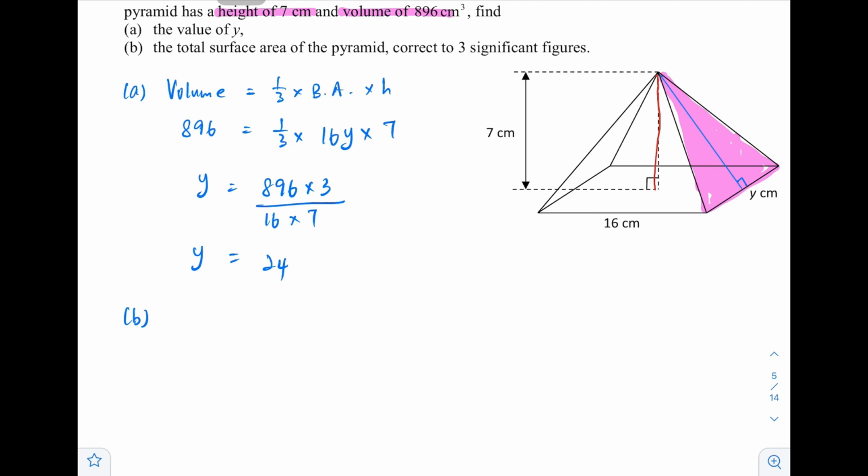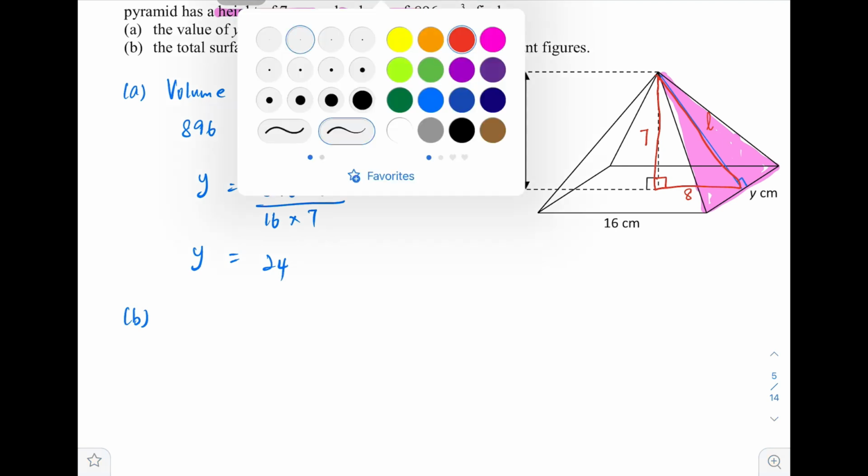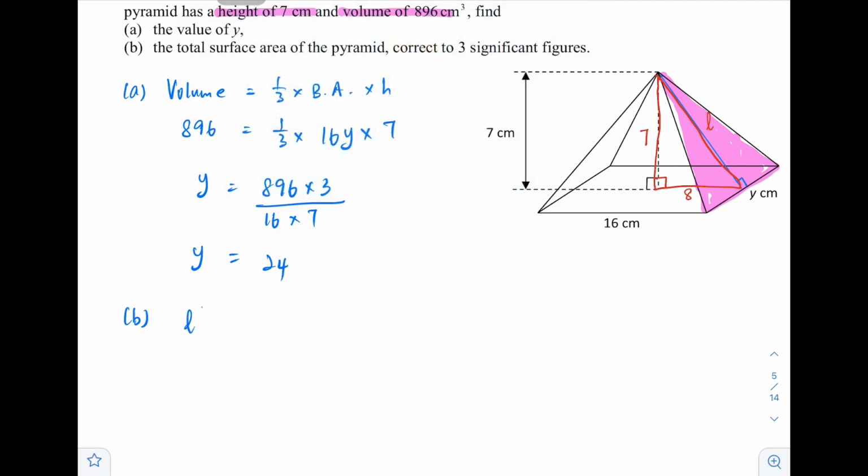Let me just draw it out in red. So this right angled triangle over here, we can see that the height of the triangle is 7. The base of the triangle is actually half of 16, which is 8. In order to find this slant height, which I will call L, we will need to apply Pythagoras theorem.